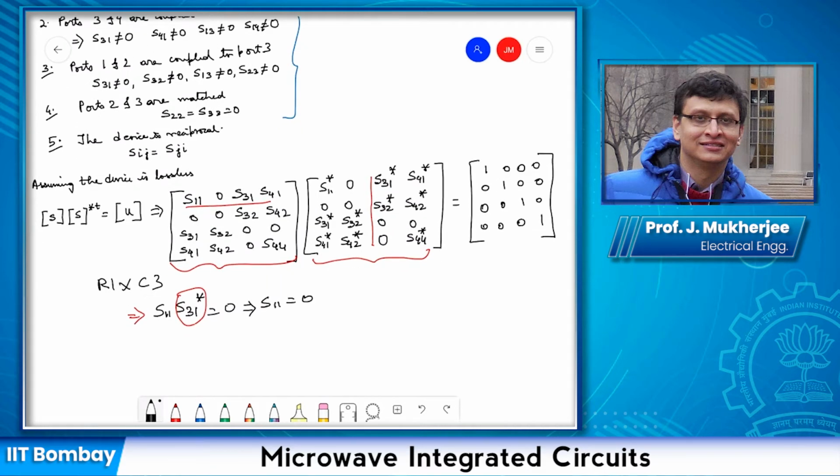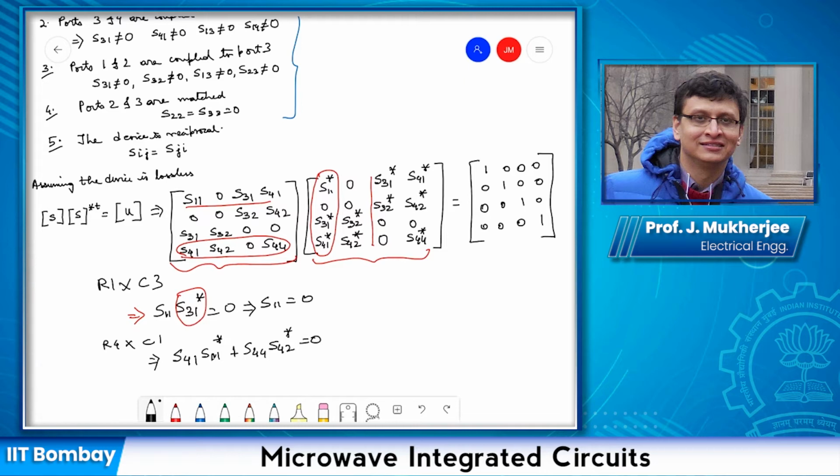Similarly, if I multiply row 4 with column 1, that will imply, let me write it down, S41 S11 conjugate plus S44 S42 conjugate equal to 0.